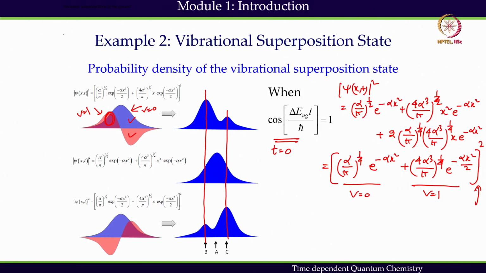We have been discussing vibrational superposition state, and we have shown that for the cos function equal to 1, which means that at t equals 0, at the beginning of the superposition, the density will be localized at a particular point, which we are defining as B point in the space.